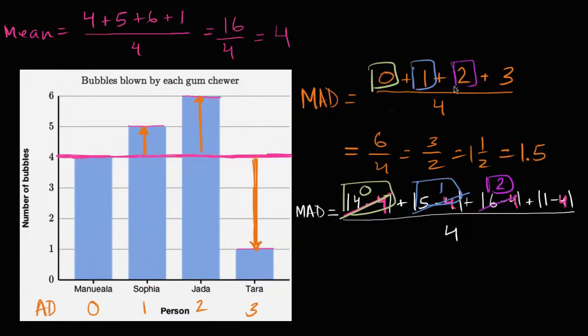That 2 is the same thing as this 2 right over there. And then finally, 1 minus 4 is negative 3, but the absolute value of that is just positive 3, which is this distance right over here. You divide by 4, you get 1.5 again. So hopefully you found this mean absolute deviation example as interesting as I did.